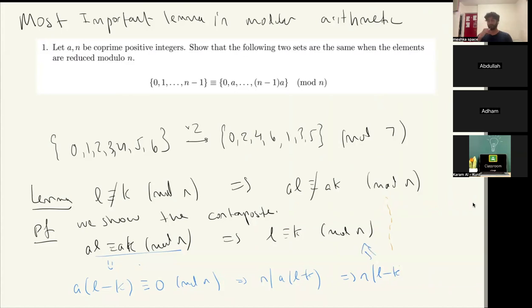So you were saying for this step here, to prove this implication. Good point. Why is it true that if N divides this product and has no common factor with A, then it divides the other factor?